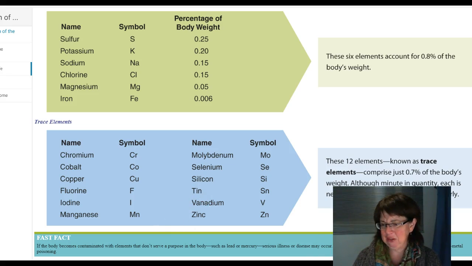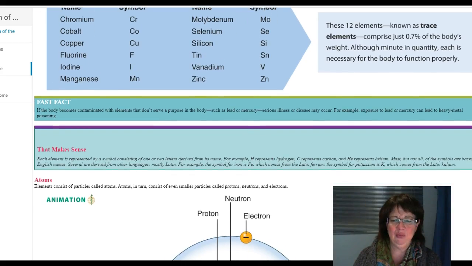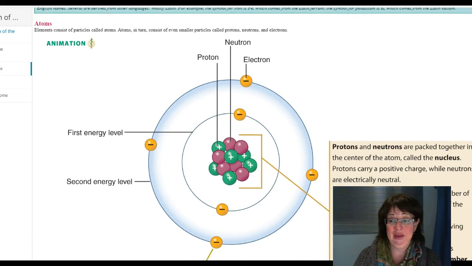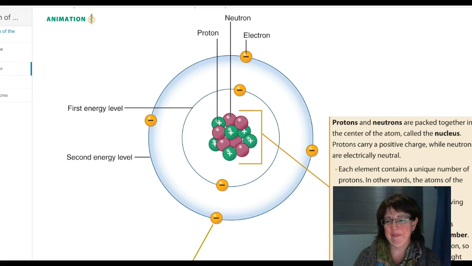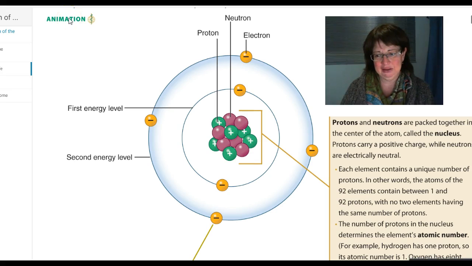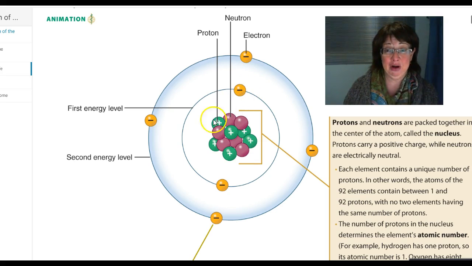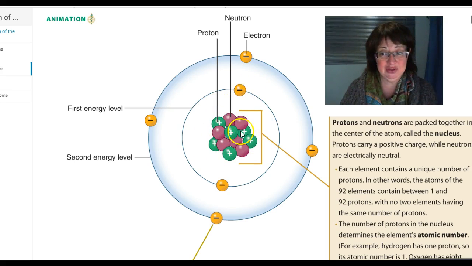Okay, good. So you don't need to memorize these, but I want you to get familiar with them so later on when we talk about them, they make sense. Now, an atom is the smallest particle of matter. And an atom is composed of 3 subatomic particles: the protons and the neutrons, which are in the middle.